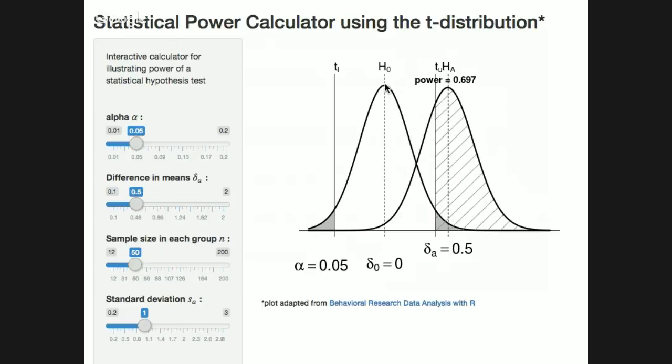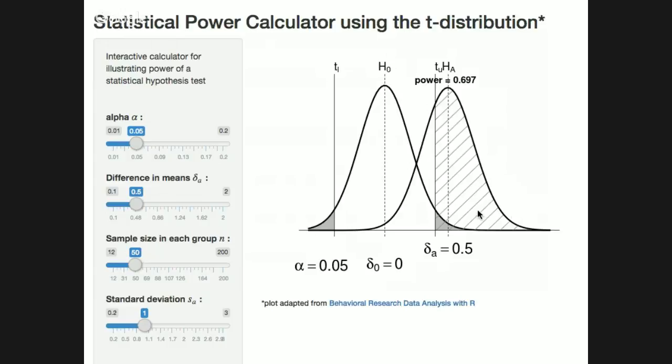So the only thing that we use in the power calculation from the null hypothesis is this critical value where the rejection is going to occur. And then we use our hypothesized alternative to calculate the probability of getting a test statistic in that rejection region.